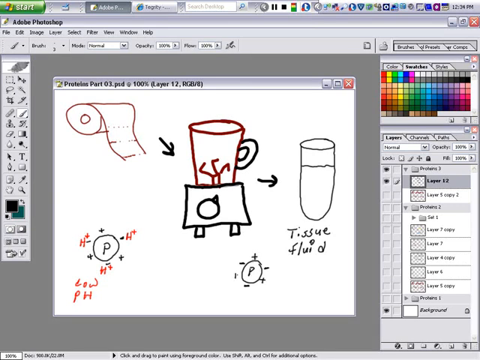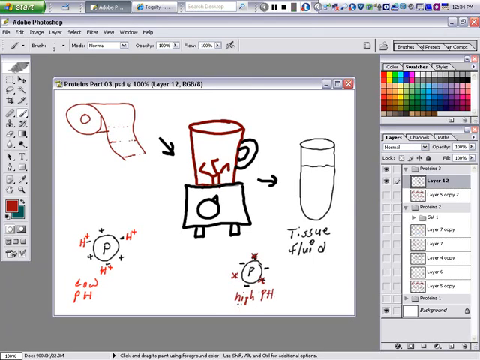And the reason is because if these are protons, when you lose these protons, let's say they're carboxylic acids or aspartic acid, then the protein is going to be left with a negative charge. And so this is going to be a very high pH.